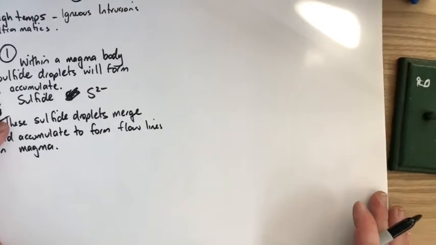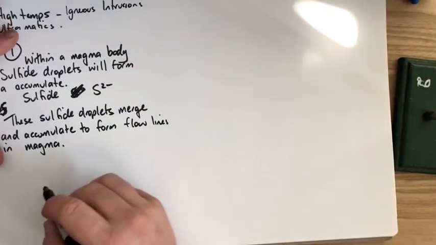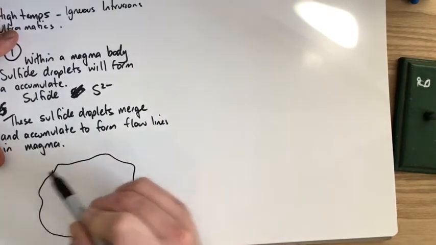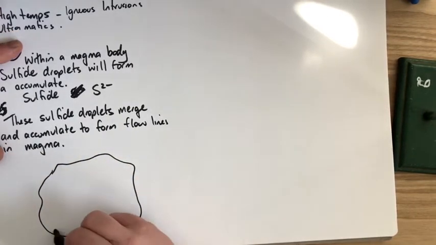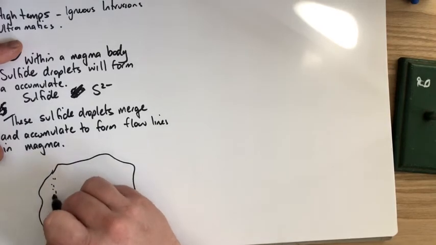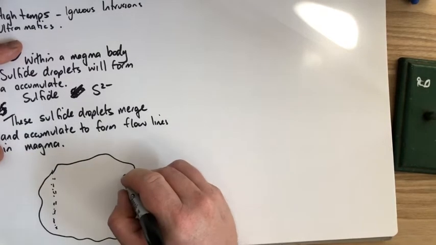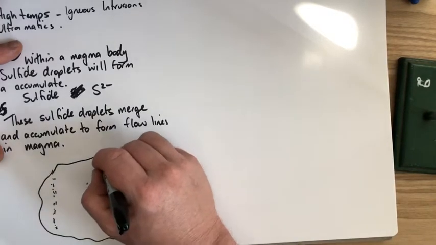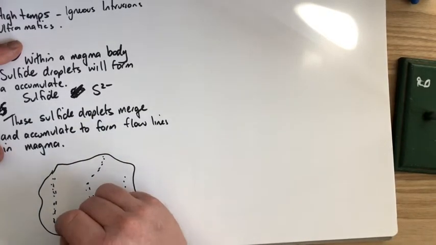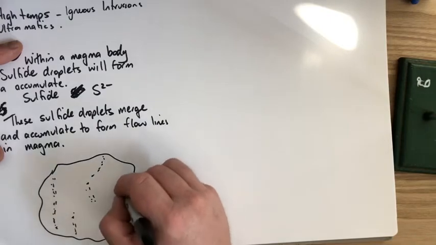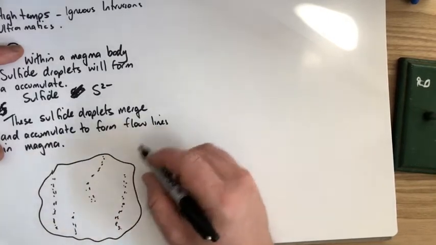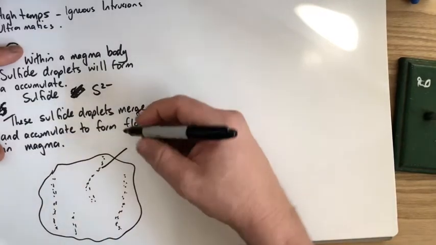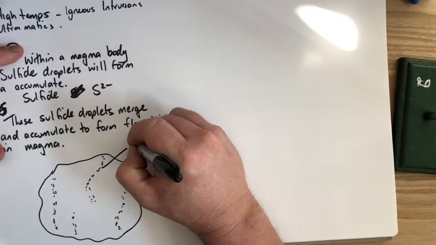So let's look at what this might look like. Let's draw an imaginary magma body deep within the earth, and then we might end up with something that looks a little bit like this. And we know the magma is quite possibly lower in density, so it's going to want to rise upwards. So these are our flow lines.